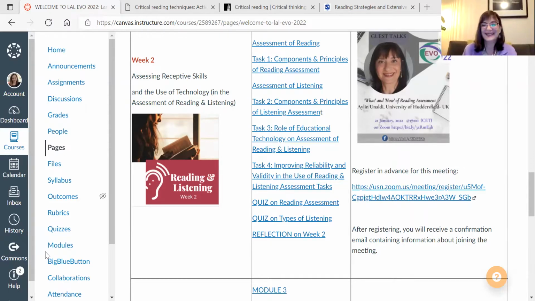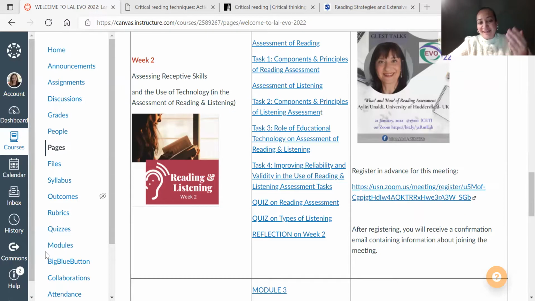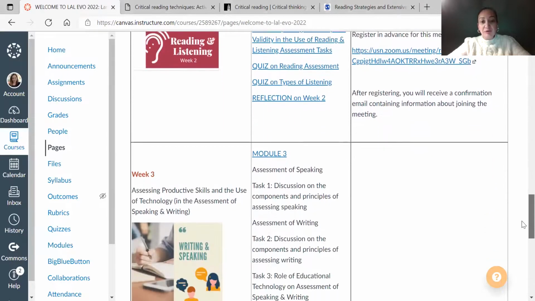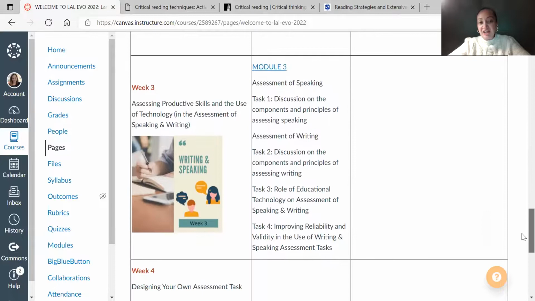But isn't it even better, sometimes, asking A, B, or C? It's kind of innovative. And thank you very much. It's kind of inspirational because in our session next week, we will be focusing on speaking and writing.